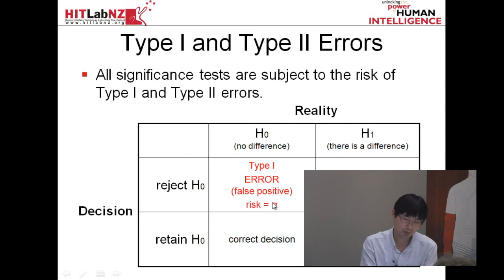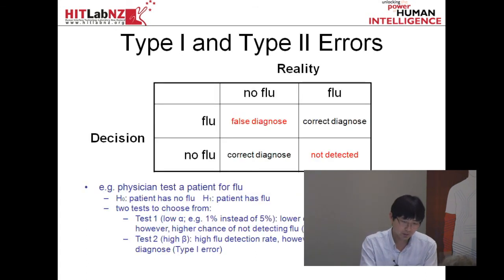So many statistical tools, and the scientific community through user experiments, mostly try to minimize this type 1 error, which is saying there is a significant difference although there is actually no difference, okay? This is not an example from the HCI field, but think of a diagnosis tool.